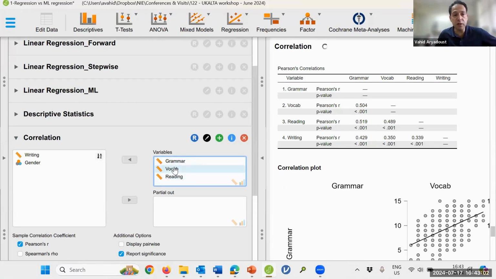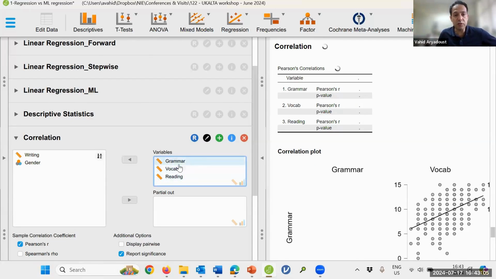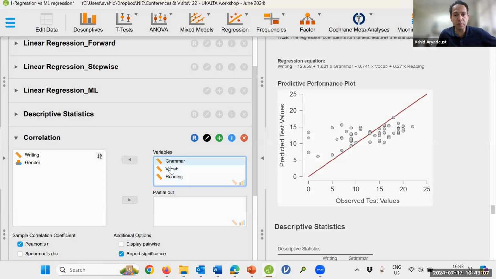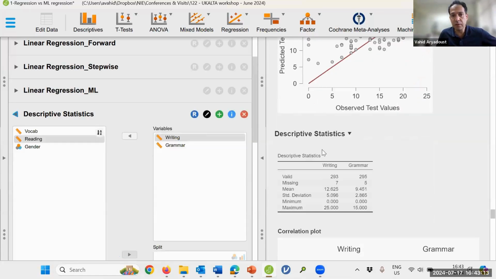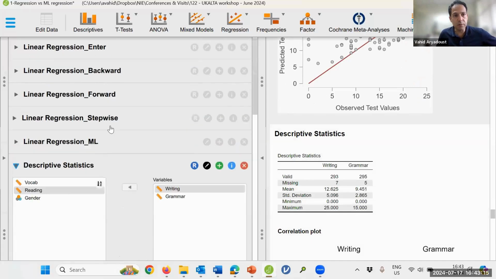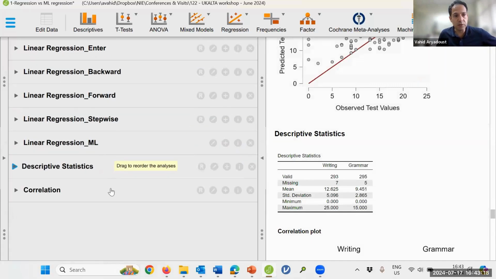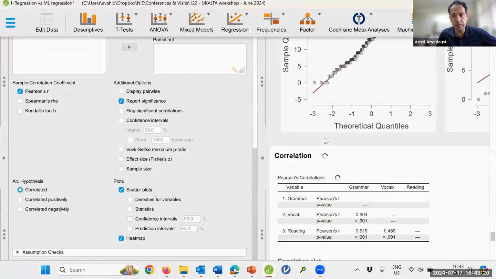It's only and only about the correlation between your independent variables like this. So we can look at the correlations one at a time. Oh, what happened? Sorry, it jumped. Okay, here.